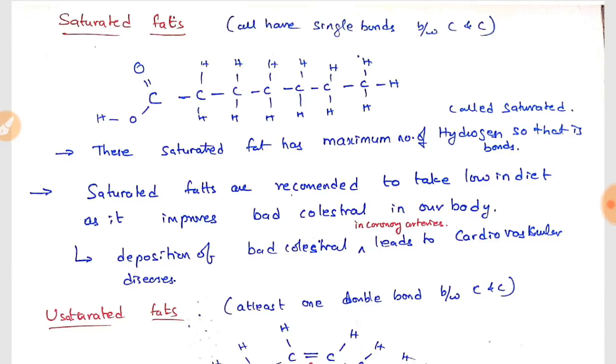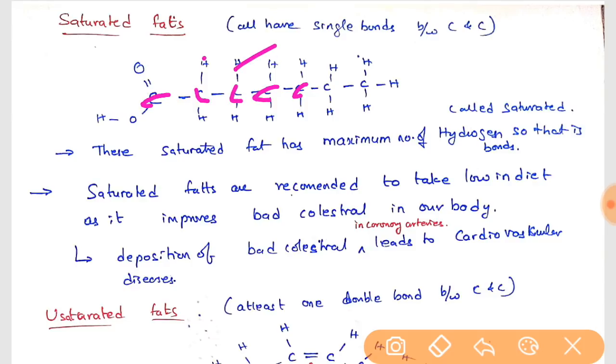It is named saturated fats because every carbon atom is bonded by hydrogen atoms as well as carbon atoms, and there is no scope for further hydrogen atoms to bond with the carbon atom.